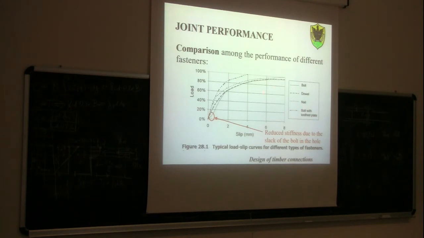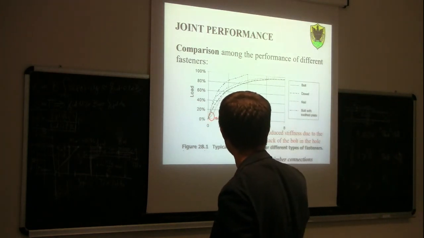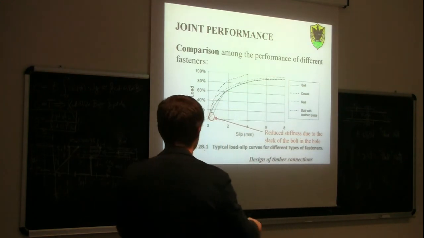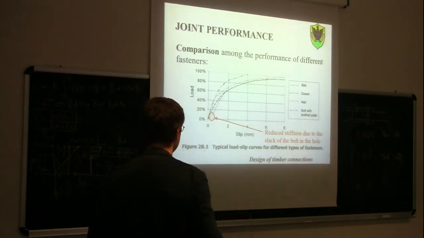And then you have nails, dowels, and bolts with toothed plates. So basically the bolted connection, due to this difference in diameter, what we call in Italian gioco del bullone, has initially a larger flexibility, and then at the end we get to the same curve as in the case of the bolt without this tolerance.